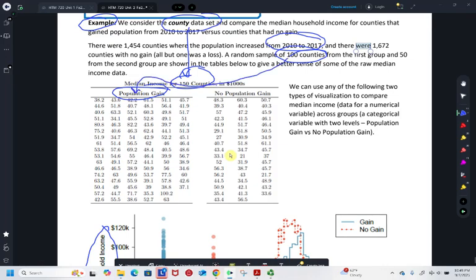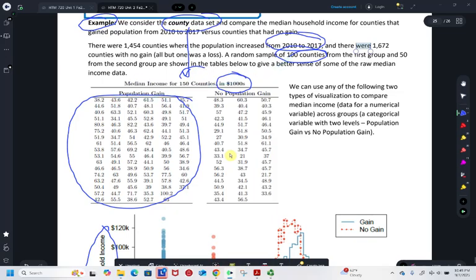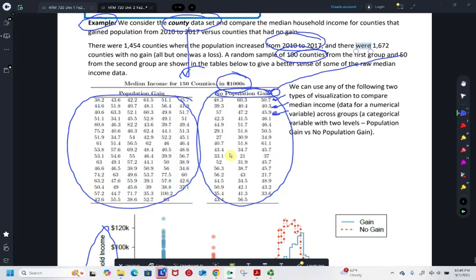Here are the values of the median income in each of those counties. And in 50 counties where there has been no population gain, we've also recorded numerical data on the median income in each of those counties.